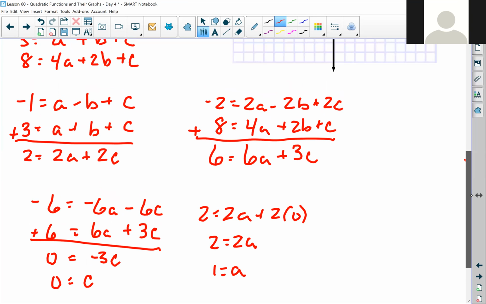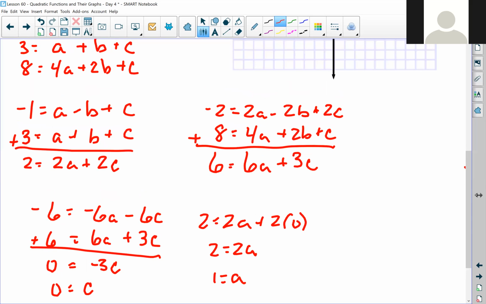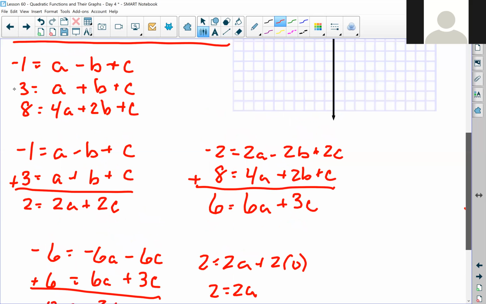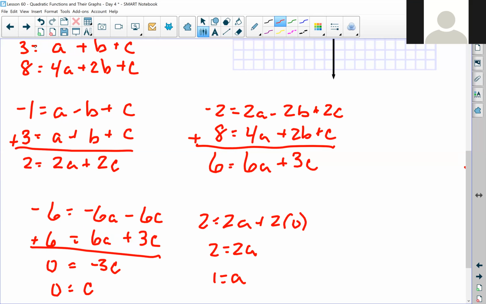And then plugging that in to one of my equations to find my value for b. Again, you can use any of the three. I would probably use the second one. 3 equals a is 1 plus b plus 0.